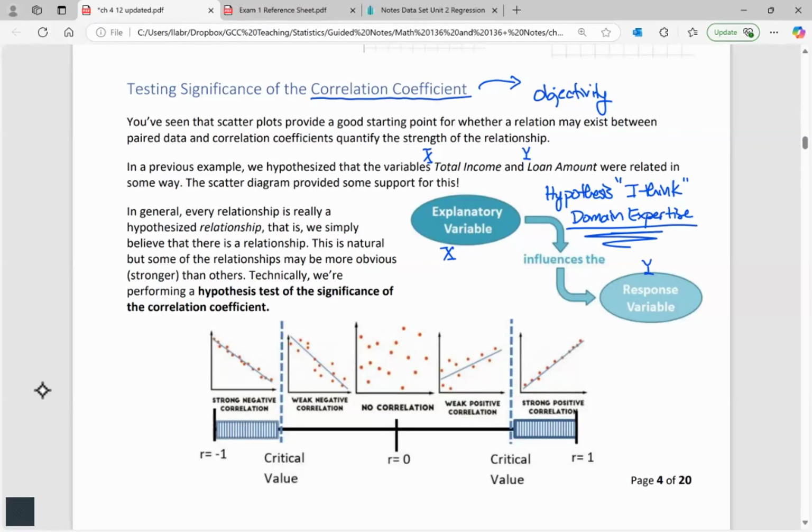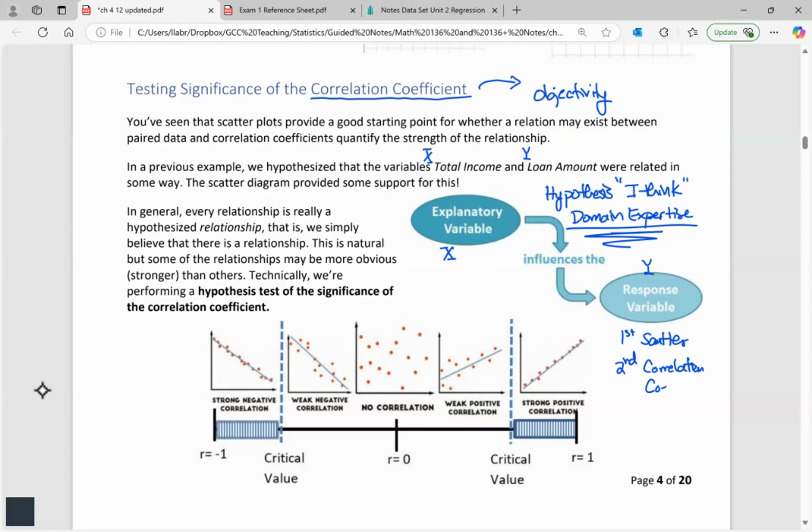We're saying we believe, based on my professional knowledge, that this X variable, the explanatory variable, could influence what I observed in the Y variable. And now I want to back that up. Based on that domain expertise, it gives you a starting point. And that's where you first create the scatter plot. And then you find the correlation coefficient.